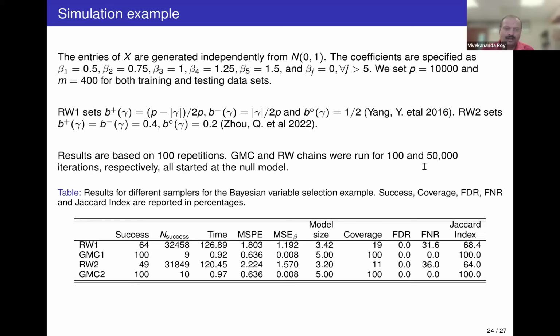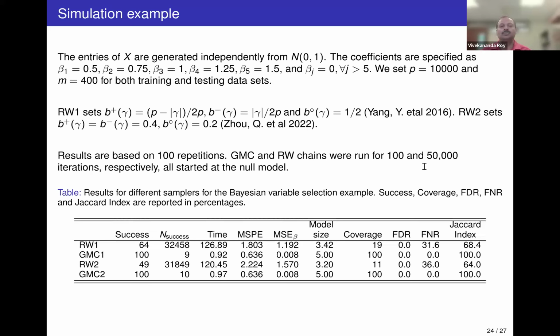And among the successful runs, it took over 30,000 iterations to find it. Whereas the geometric method was able to find it in 10 iterations or less. And the time to find, obviously, for the GMC, is much less.